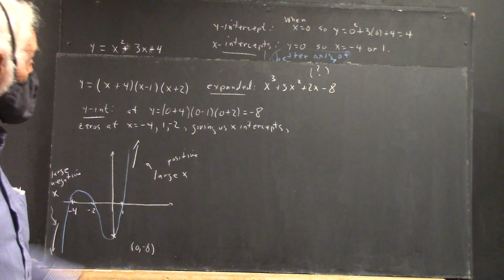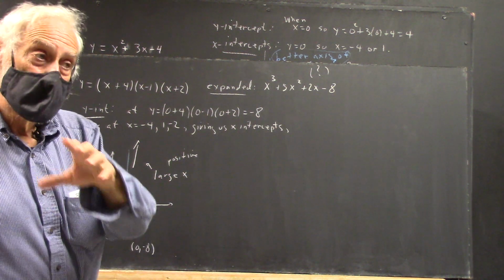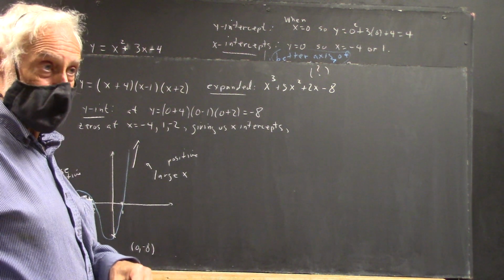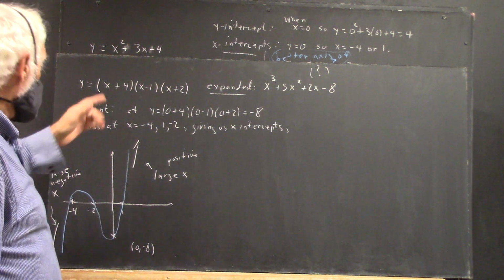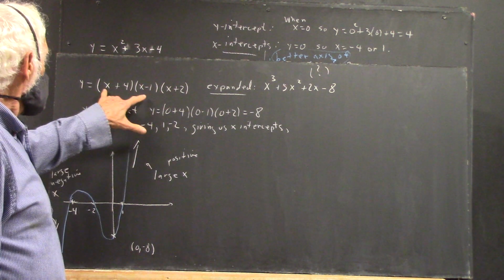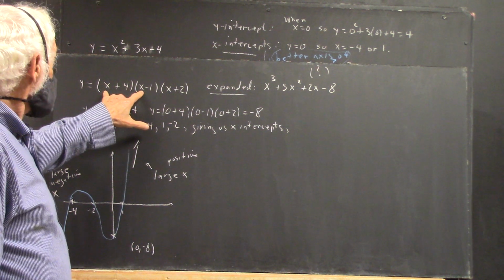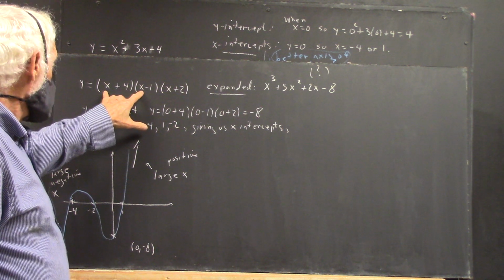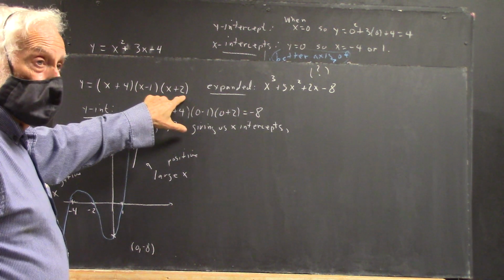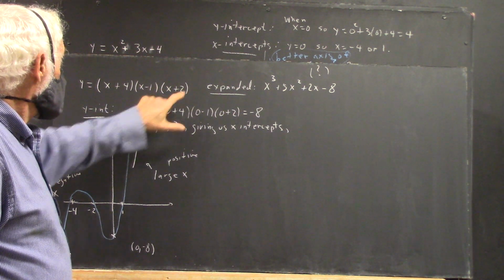Another way I can do that is I can look at this. If you understand this, it's probably worth going back and looking at this part of the video, thinking about it, but it's not necessary. Okay, but I'm going to do it because I can do it quickly. I got an x squared from these two, right? And that x squared will, let's say, multiply this 2 to give me a 2x squared. Okay.